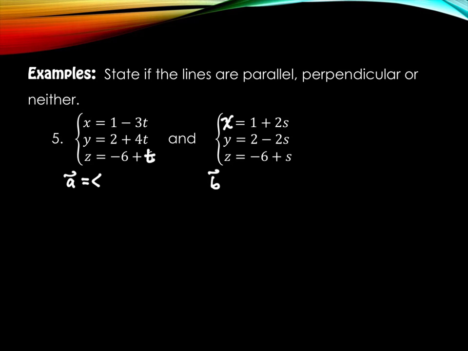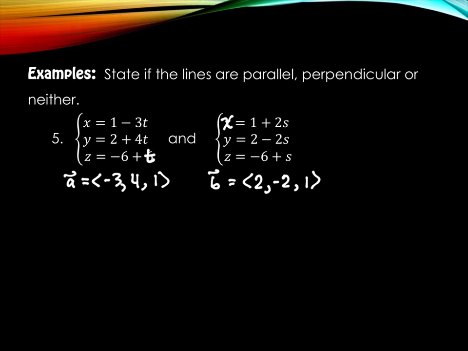That one's right on the paper. I got one piece fixed, but not the other piece. Okay. One more time. What's the vector? -3. Thank you. -3, 4, 1. And how about vector B? 2, -2, 1. Okay.